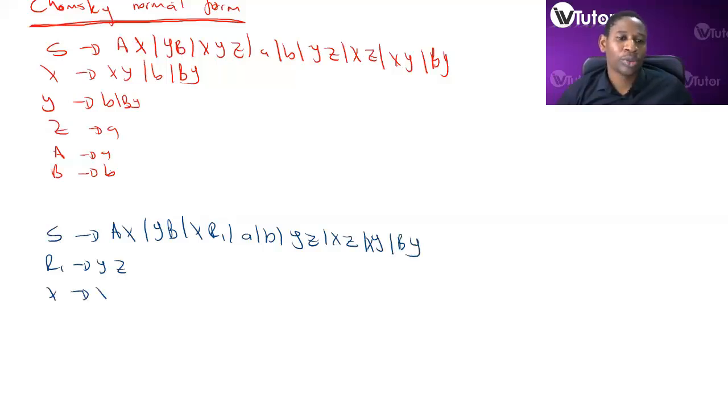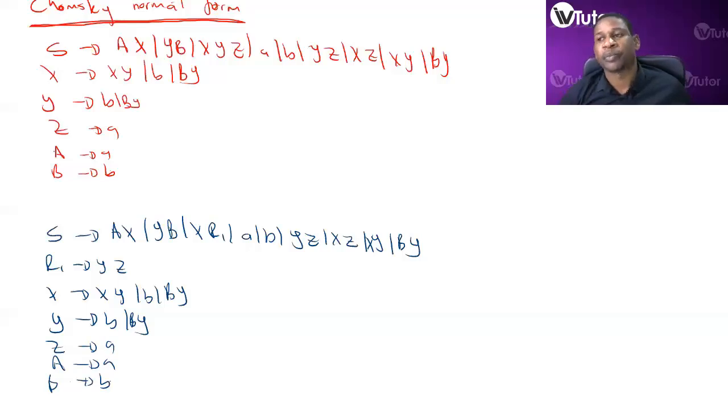Then X goes to X, Y, or B, O, B, Y. Y goes to B, O, B, Y. Z goes to A goes to A, and B goes to B. Like that. So that gives us our Chomsky normal form.